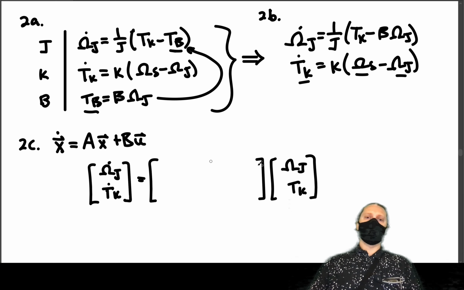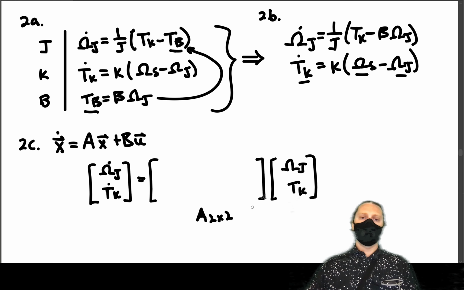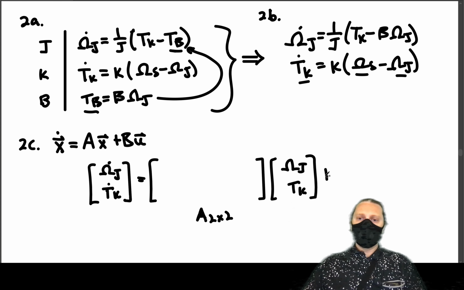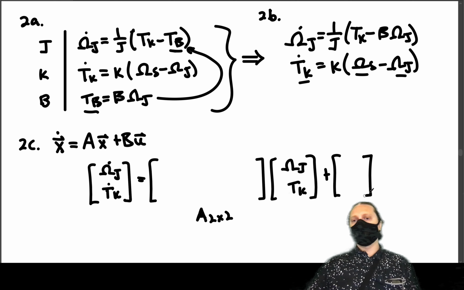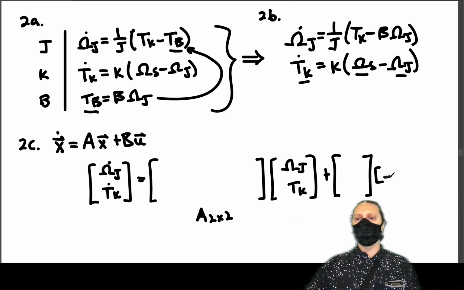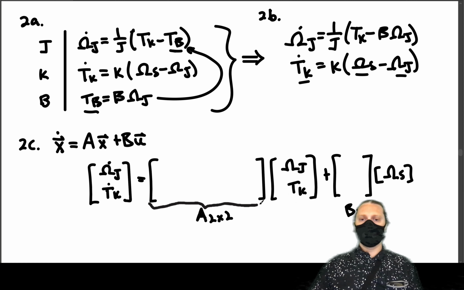So it has to be a something by 2 at least. What is the first dimension? What does it have to be? 2 as well, because it has to give you a 2 vector. So it's a 2 by 2. Plus the B matrix, which again has to yield 2, so its first dimension has to be 2, times the input vector u, which is a 1 vector, so 2 by 1 is the dimension of B. So I'll put that.